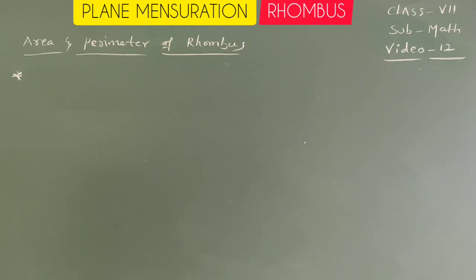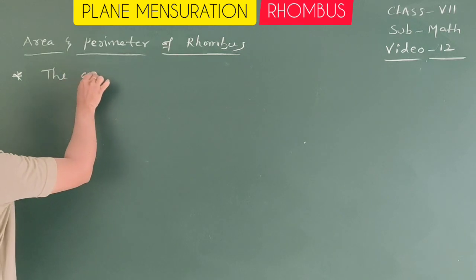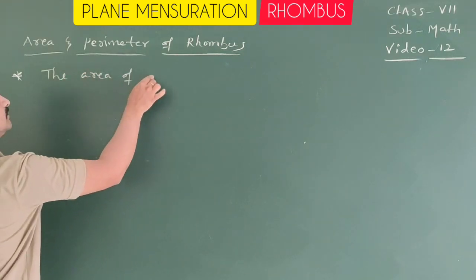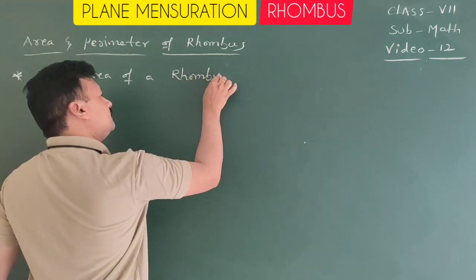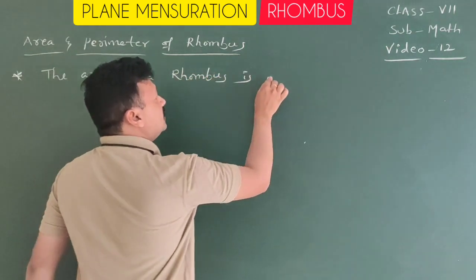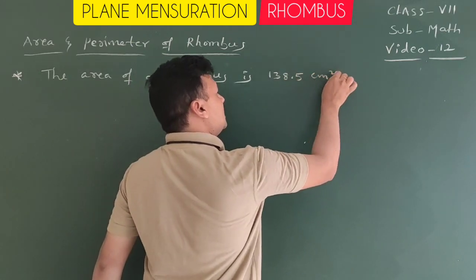Find the area of a rhombus. Already we completed that model. Now the area of a rhombus is 138.5 centimeters square.